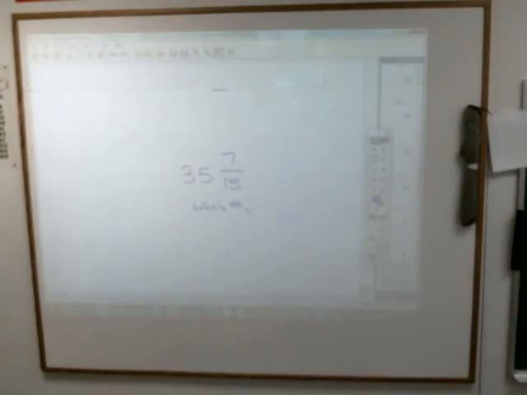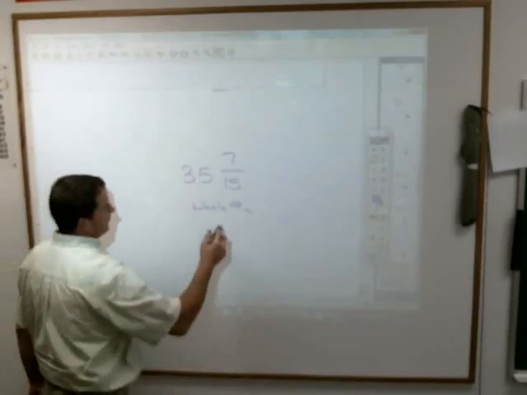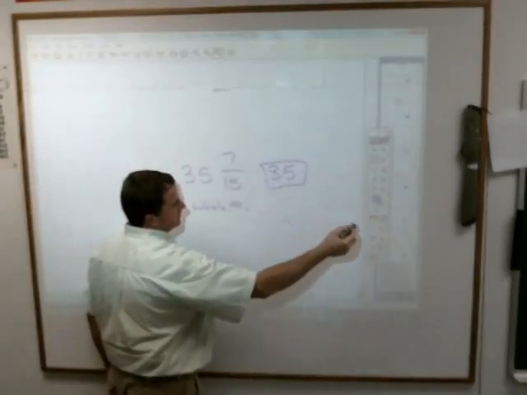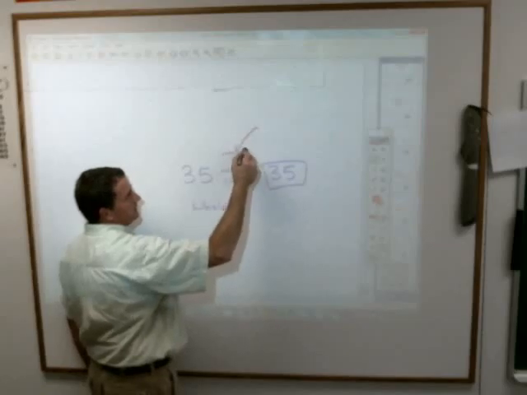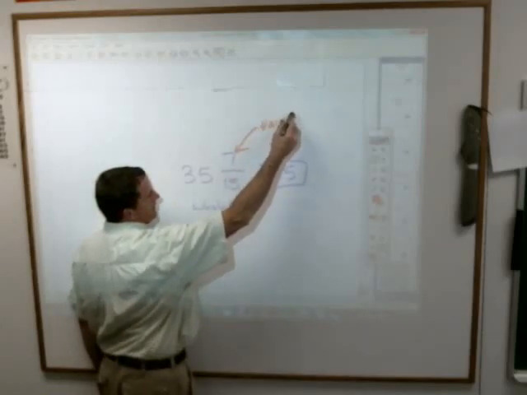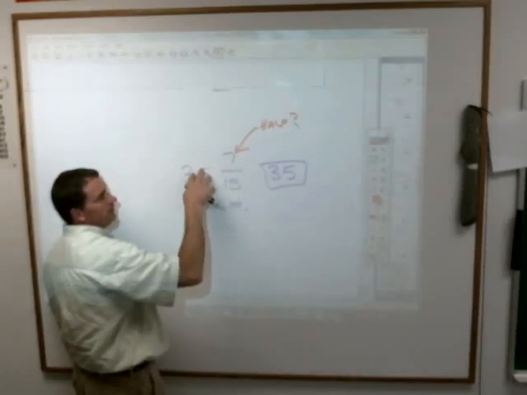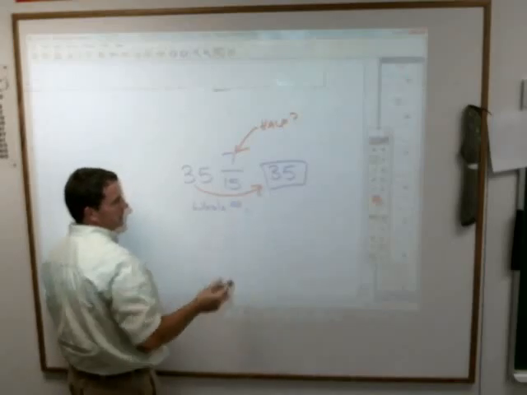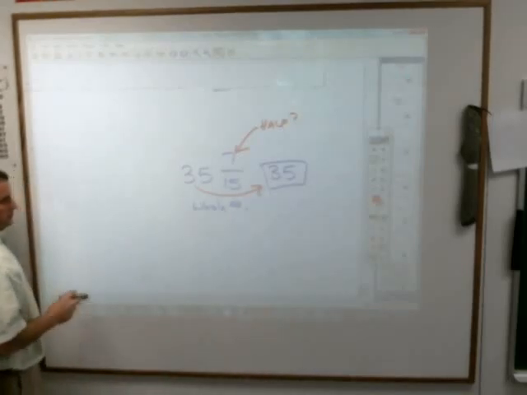Grace says 35. Why 35? Because 7/15 is less than half. The only thing you need to look at is whether this fraction is half or more. If it's more than half, you add 1 to this. If it's less than half, it stays the same. So rounding fractions to the whole number should be pretty easy.